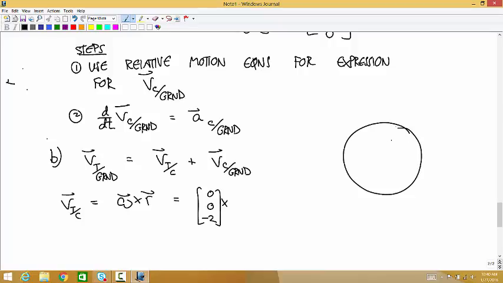So now here's the center, here's the top. This is the r vector. And so that's 0, 0.1, 0. And so you get positive 0.2, 0, 0.